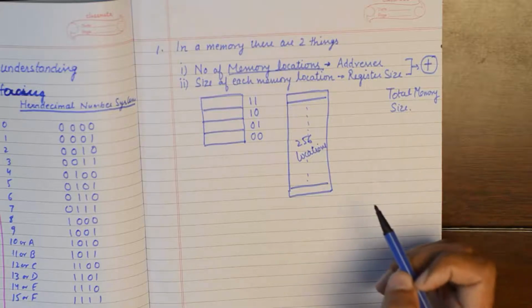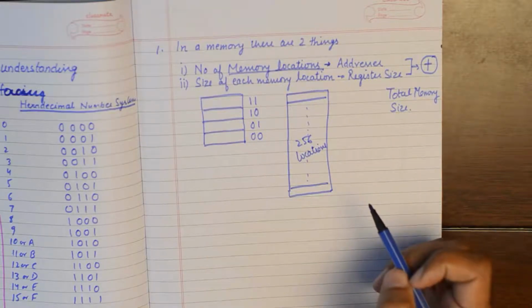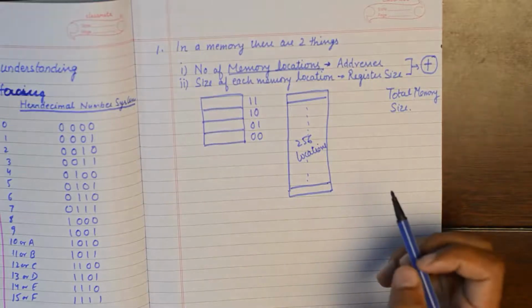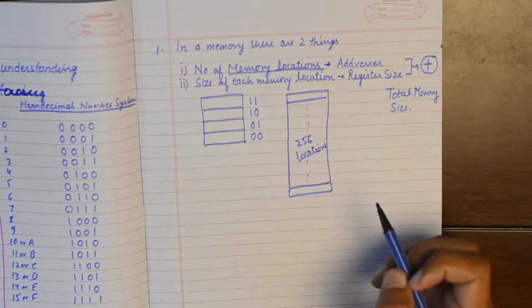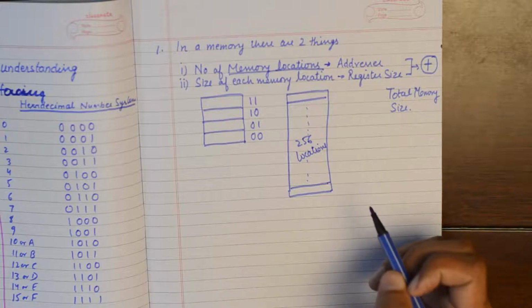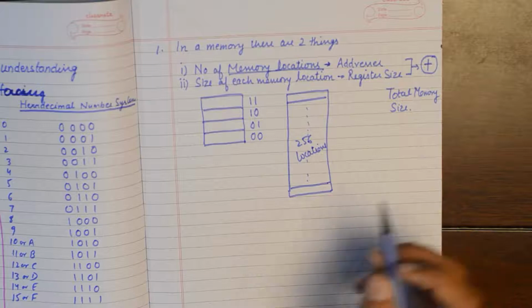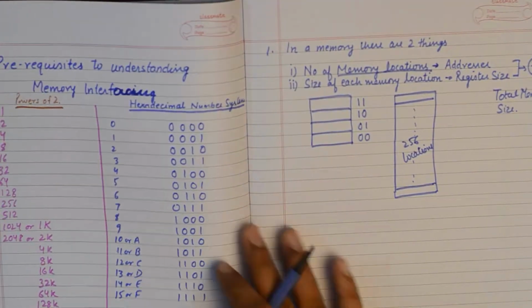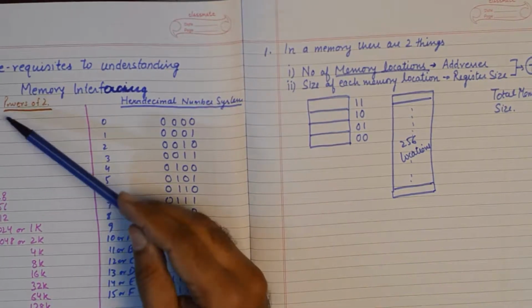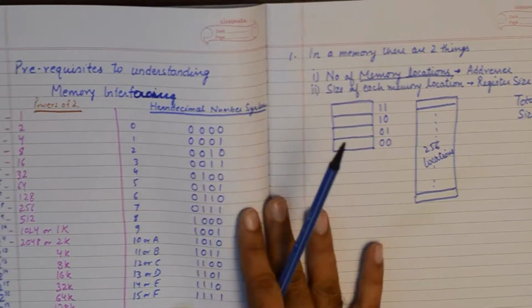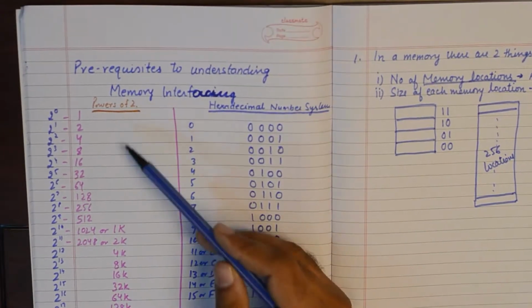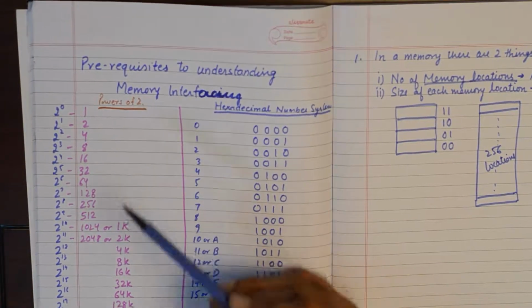Now if a memory has 256 locations, we need to understand how many bits we need to represent each memory location uniquely. This can be done by referring to this table.